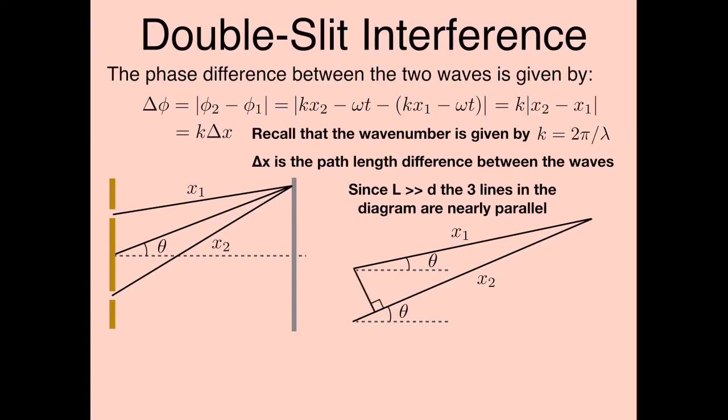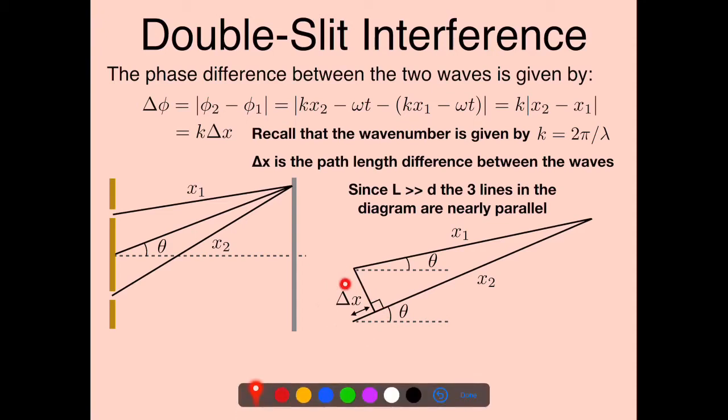Well, to find that extra distance, we'll start by dropping a perpendicular line down from x1 onto x2 like this. So this distance and this distance starting from where we drop the line down are the same, meaning the extra distance that the wave coming from slit number 2 has to travel is shown right here. This is our delta x.